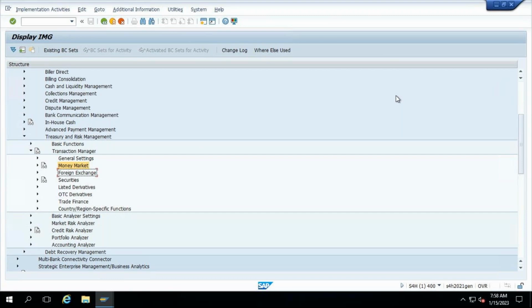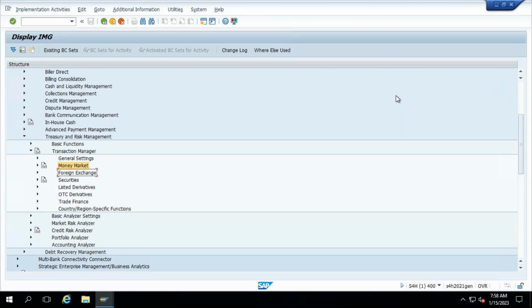Another question: for S4 HANA, we are using the ACDOCA and ACDOCU tables. Is there a separate table for treasury, or does it all go to the ACDOCA table? All accounting postings happen into the ACDOCA table. But treasury has different tables altogether.